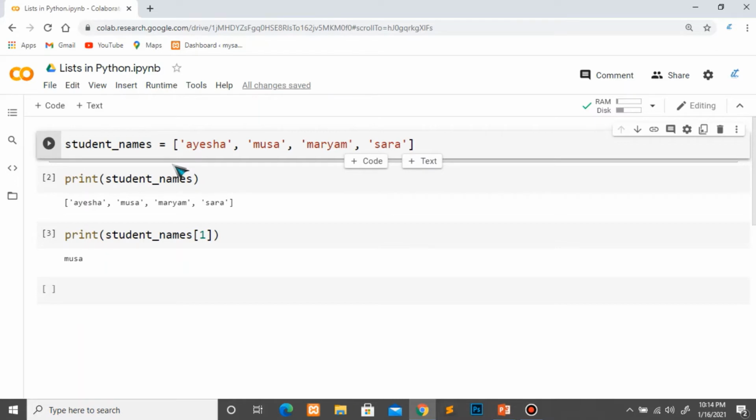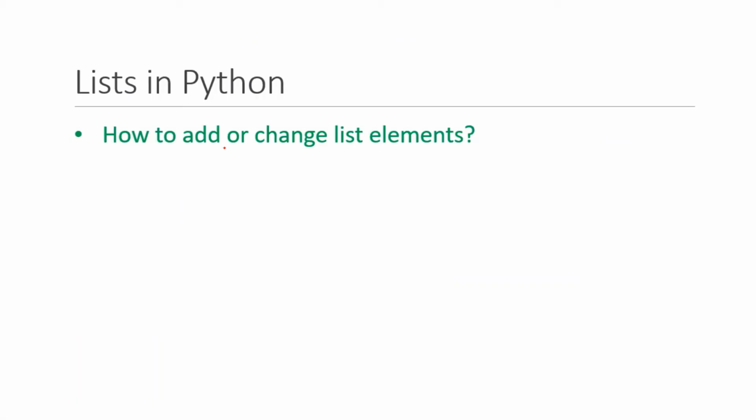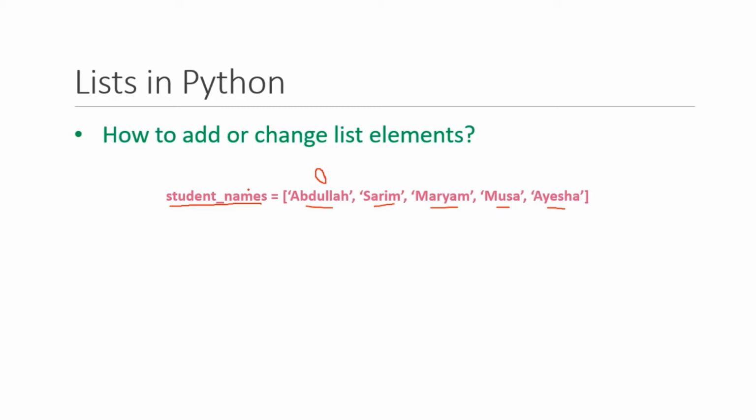Now let's see how we can change the existing elements of the list, or we can add more elements in the list in Python. So for this, let's say I have a list, student names, and in this list I have 5 names of students. And now I want to change, let's say I want to change this Abdullah with some other name. And this Abdullah is at index 0. So what I will do here, I will write like this, student names.